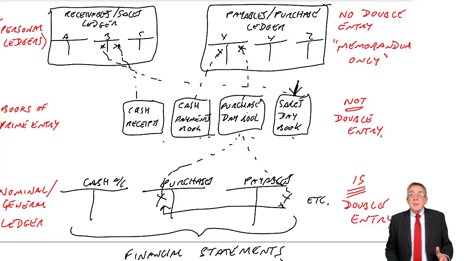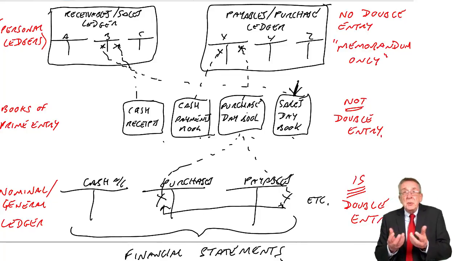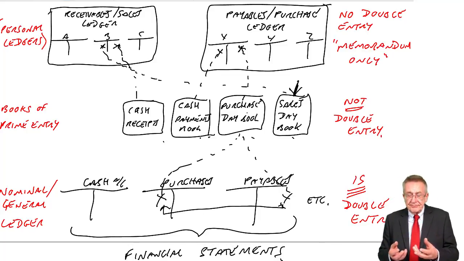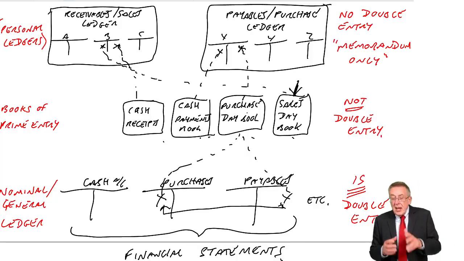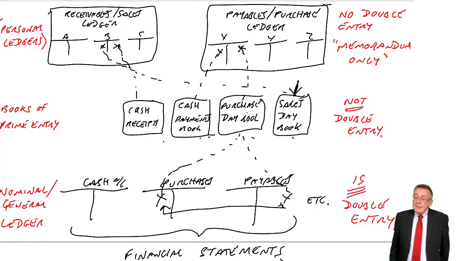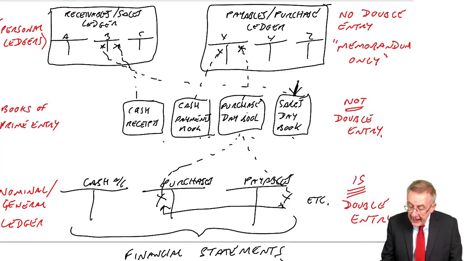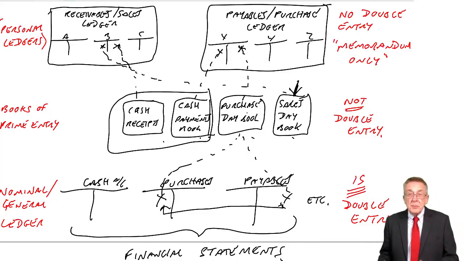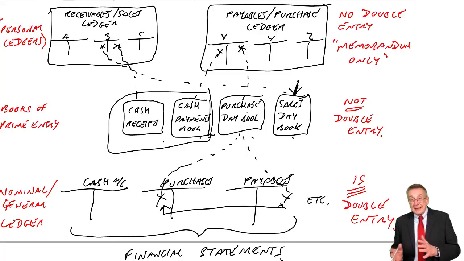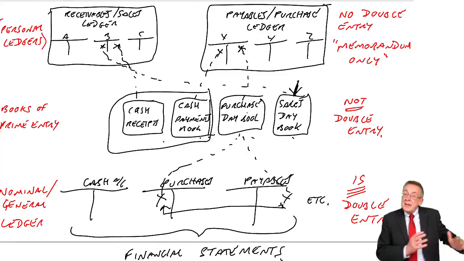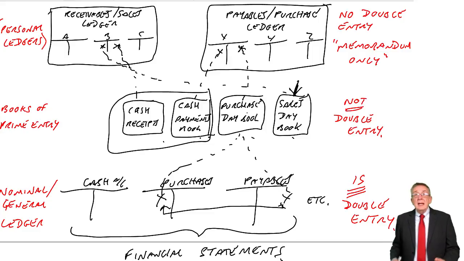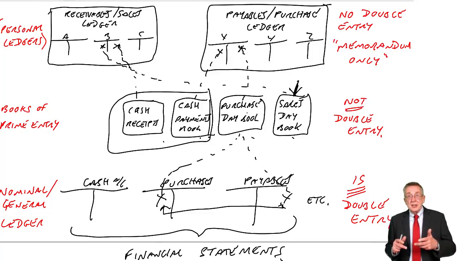But of course, they may, particularly a shop, have receipts and payments in loose cash, coins. And in that case, they may have 2 sets of cash books. The main cash receipts, cash payments book for money in and out of the bank, but another book for money in and out of loose cash.